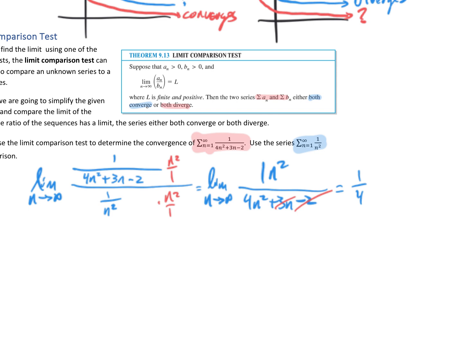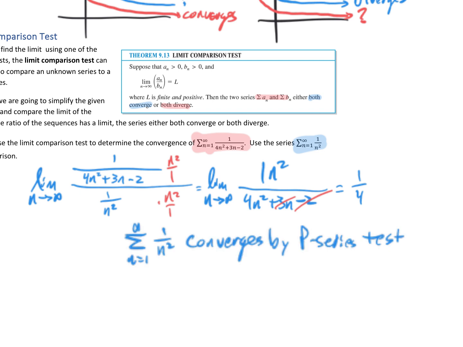Well, we can say this. We know that the sum of 1 over n squared converges by the p-series test. It's a p-series with an exponent on n that's bigger than 1.